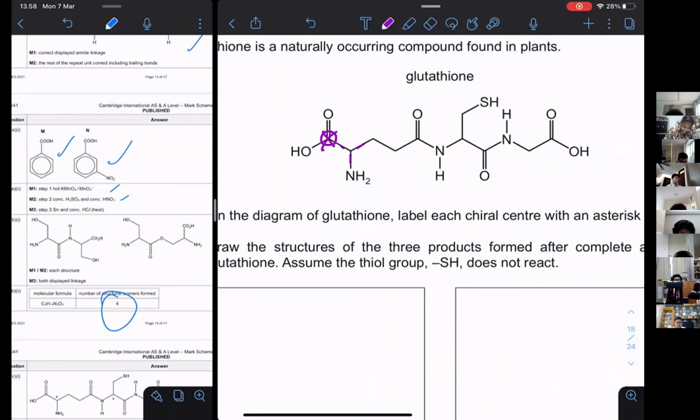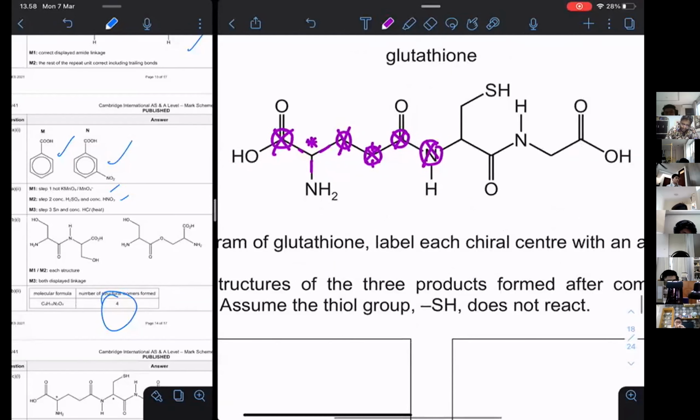So this is going to be a chiral center. This one cannot, 2 hydrogen. Nitrogen has 3 bonds only, cannot. So now here, hydrogen is different, this is different, this is different. So chiral center.